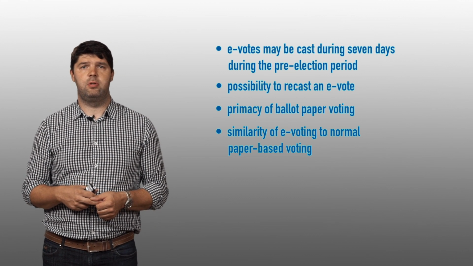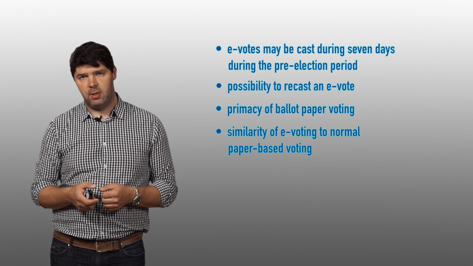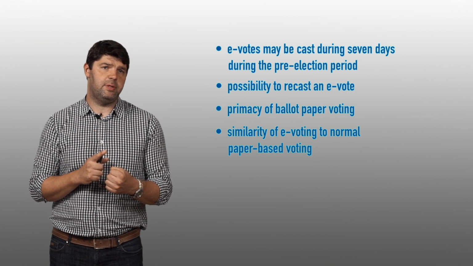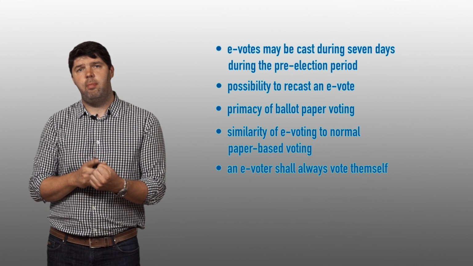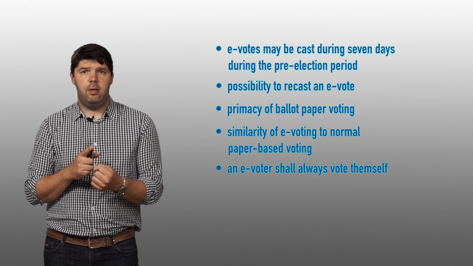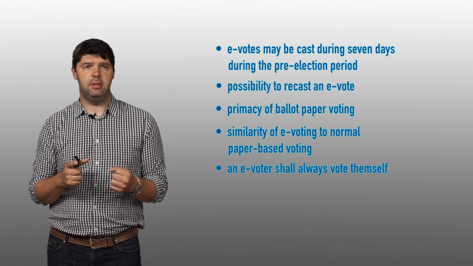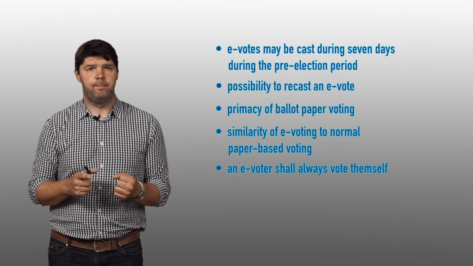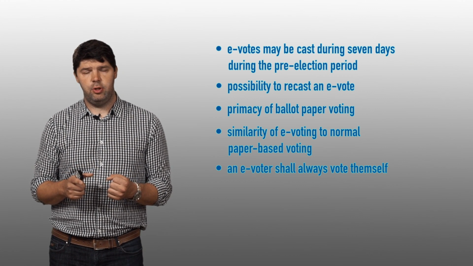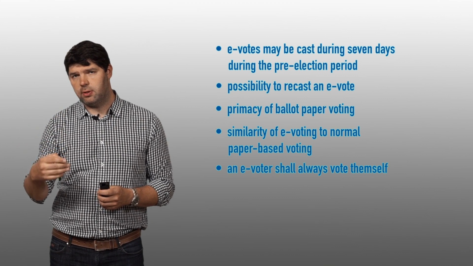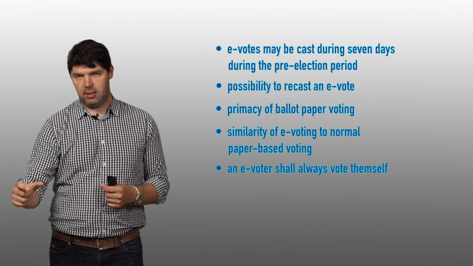The collection of votes must be secure, reliable, and verifiable. And the final principle is that an e-voter shall vote by themselves. Using another person's ID card or mobile ID for voting is prohibited. This is stated in the law: you cannot lend your card to somebody else.